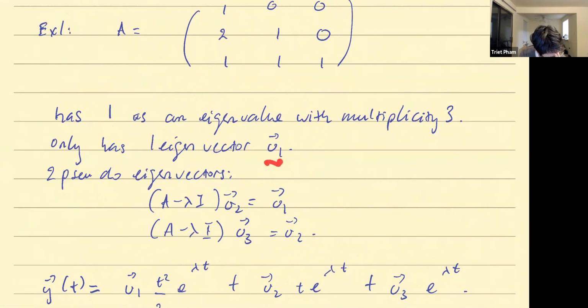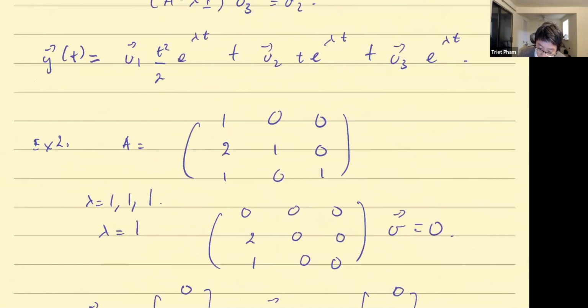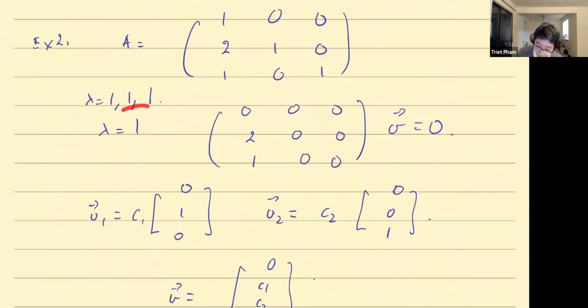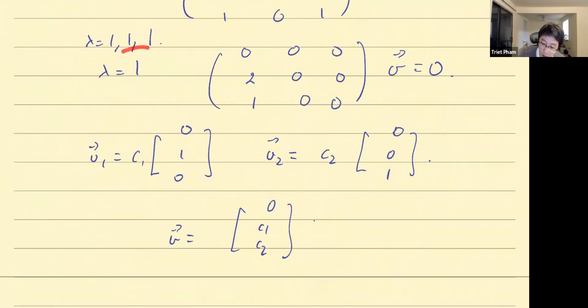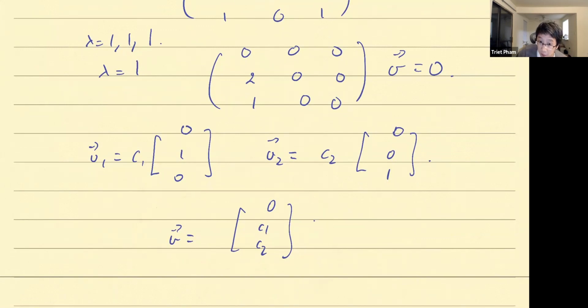Wait, am I right? What is a geometric multiplicity? Geometric multiplicity, I think, is the number of eigenvectors corresponding to it. So here, this has algebraic multiplicity 3, but geometric multiplicity 2, because it has two eigenvectors corresponding to it. Okay, so in general, the focus is on the space itself, not on the particular vector.